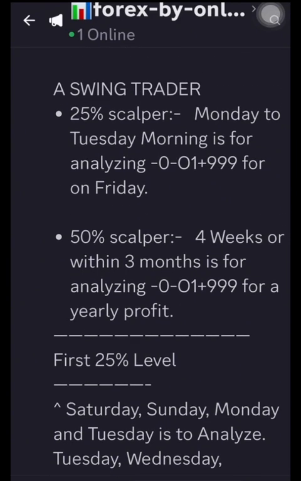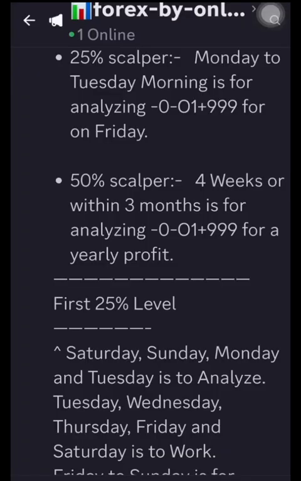Then under a swing trader, we still have the 50% scalper after the 25% scalper that I just explained. The 50% scalper is 4 weeks or within 3 months for analyzing, which is good for a yearly profit. You can decide to watch your trade, watch the markets, everything that I did, for about 4 weeks.